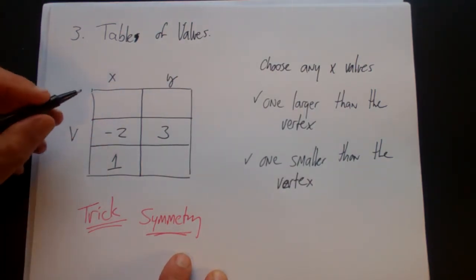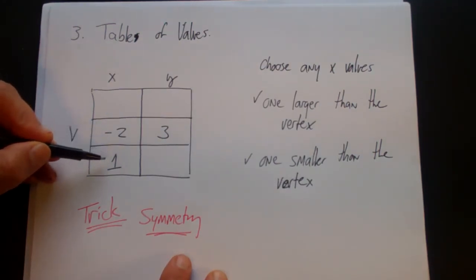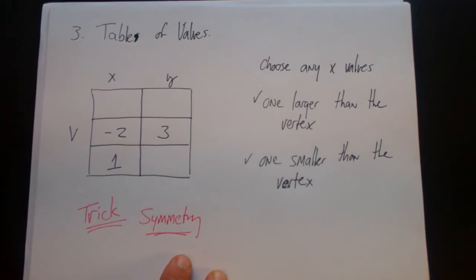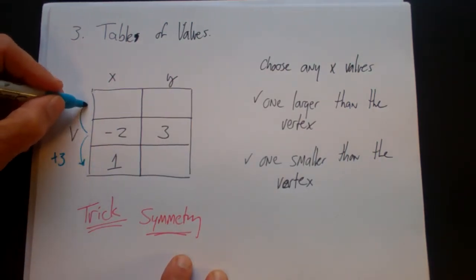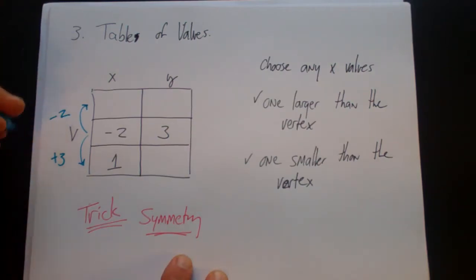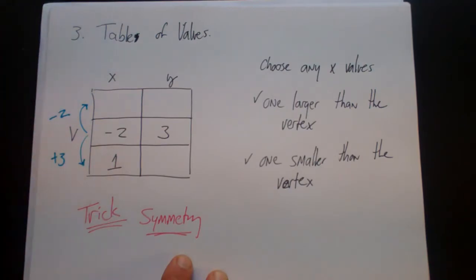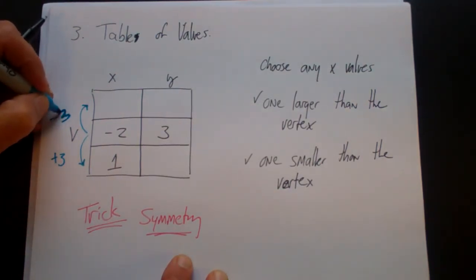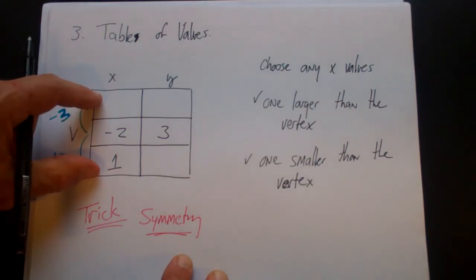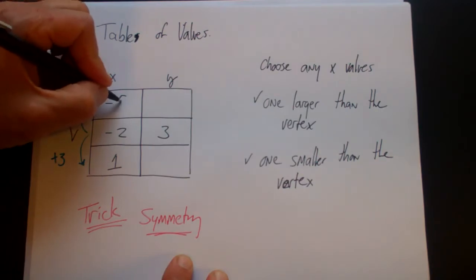It's easier to show than explain. Here the distance between minus 2 and 1 is 3, right? This is positive 3, so I'm going to go a negative 3 as well. Negative 2 plus 3 is 1, so negative 2 minus 3 gives me minus 5.